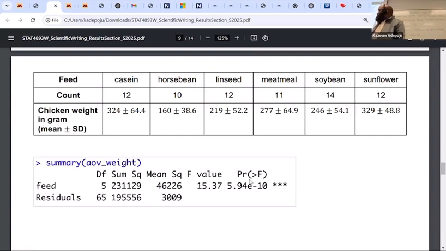In situations where assumptions are violated, we could resort to a non-parametric procedure. Has anybody heard about Kruskal-Wallis? Kruskal-Wallis is a non-parametric alternative, used instead of analysis of variance whenever there's a violation of assumptions, maybe the assumption of normality.